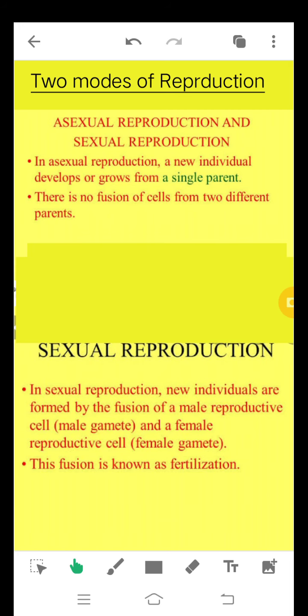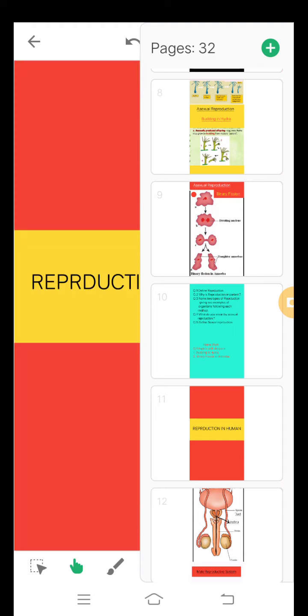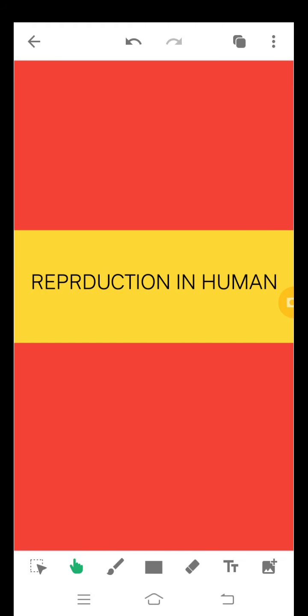Now today we are going to start with this topic, sexual reproduction, and here we will be talking about reproduction in human beings. Reproduction in human beings takes place by sexual mode of reproduction, where we have two parents, male and female.